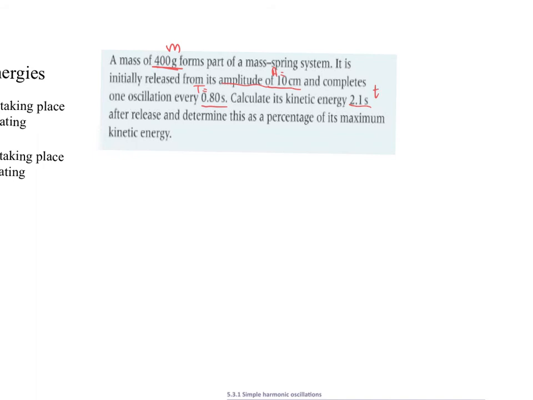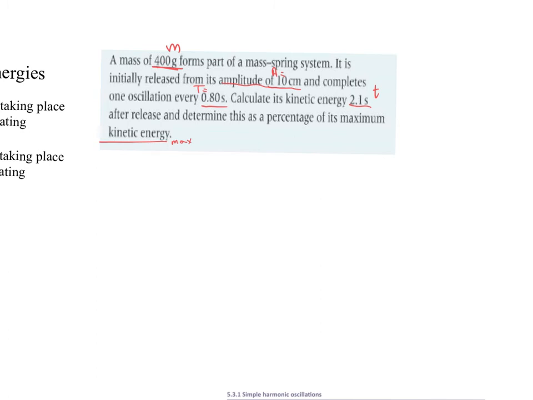Okay, so here that requires quite a bit of work. It's not just a straightforward answer. You need to calculate the kinetic energy at 2.1 seconds and then find that as a percentage of its maximum kinetic energy too. To start with, we are given the amplitude, we're given the time.